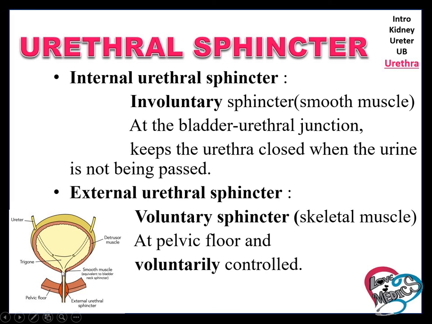It keeps the urethra closed when the urine is not being passed. The external sphincter is a voluntary sphincter, that is skeletal muscle. If we want, we can move the hand, right? Likewise, if we want, only then we pass the urine. This sphincter is located at the pelvic floor and this muscle is voluntarily controlled.